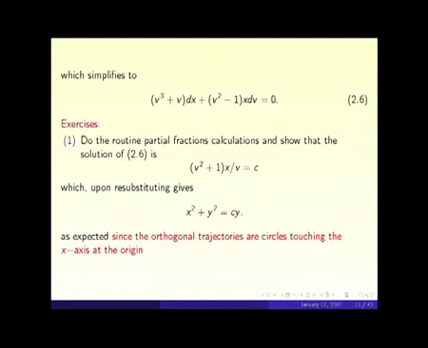Do the routine partial fractions calculations and obtain the solution of 2.6 as (v squared plus 1) x upon v equal to c. And then what is v? v is y upon x. So put in the value of v and you get this equation, x squared plus y squared equal to cy. The orthogonal trajectories are circles touching the x-axis at the origin. That was what we expect from geometrical considerations, and that was what I said in the last lecture.